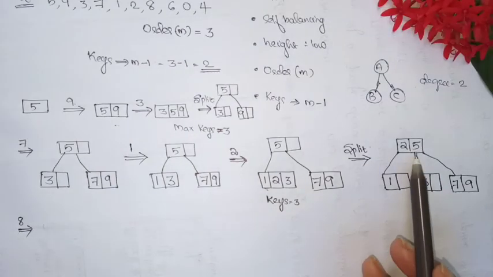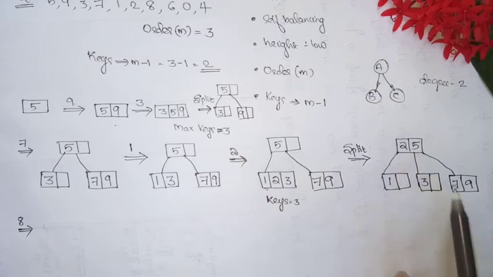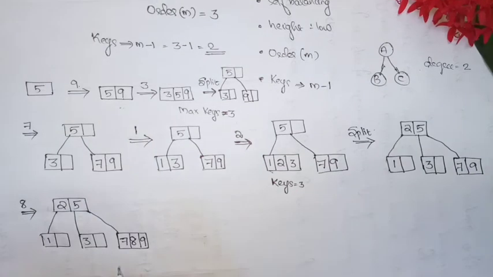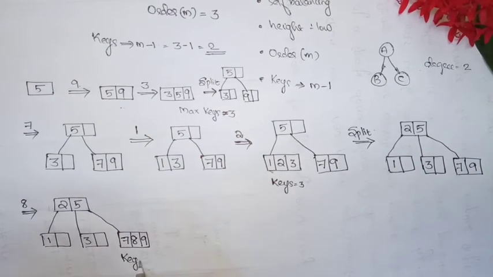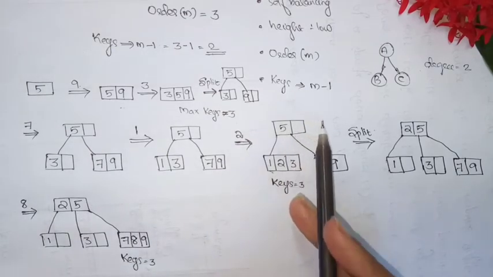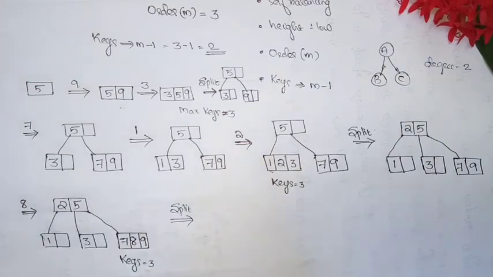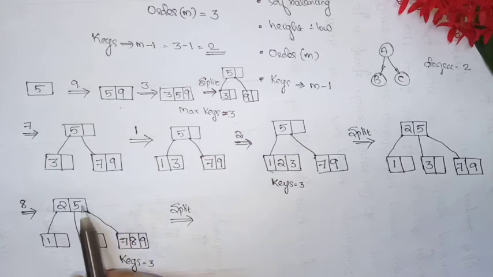Since 8 is bigger than 5, it will be placed in this particular node along with 7 and 9. But when we consider the number of keys here, it becomes 3 and it actually violated my maximum key condition. So I have to split this particular node in such a manner that the middle element will have to move upward.